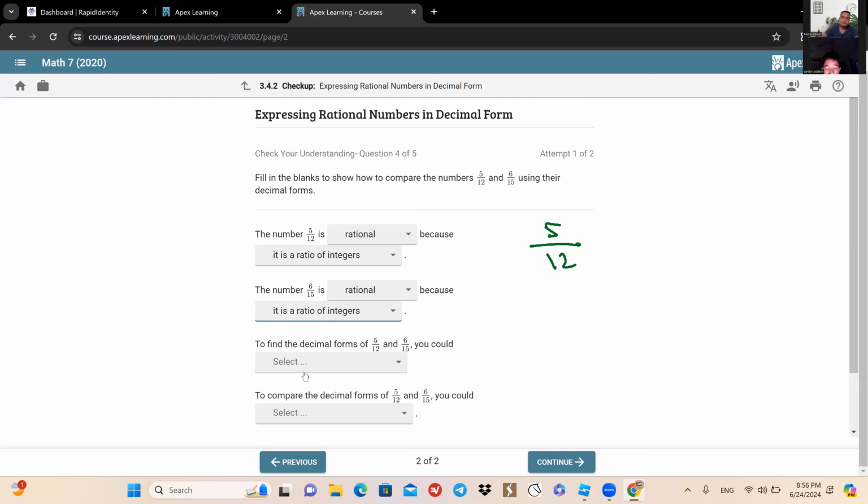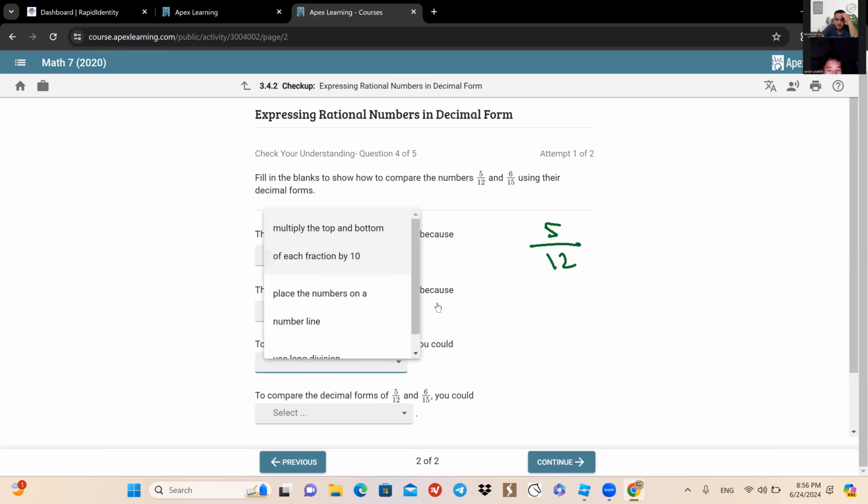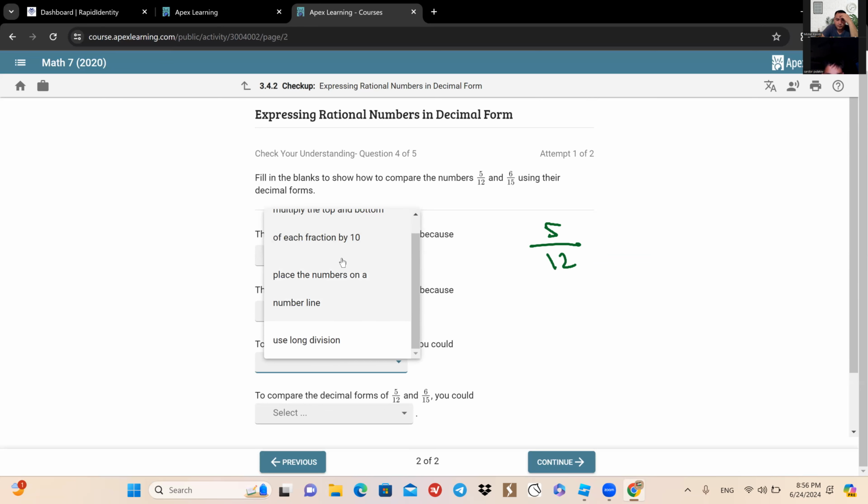Find the decimal forms of 5/12 and 6/15. I could do that, but that's not needed. Wait, let's see what the question is.